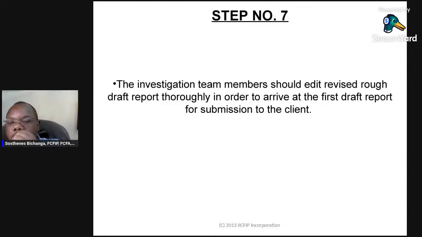So the report is very important, the final stage in the investigation process, but the most important, I can say, because without it, nobody will understand what you did, and therefore it will be like you did nothing.